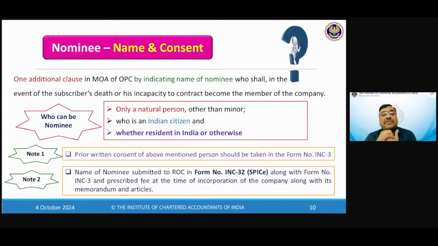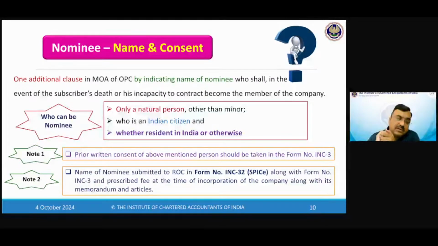Now, the concept of nominee. Who is a nominee and what is the requirement of a nominee? There is an additional clause in the MOA, only in case of OPC, in which the member has to indicate the name of a nominee who shall, in the event of the subscriber's death or incapacity to contract, become the member of the company.